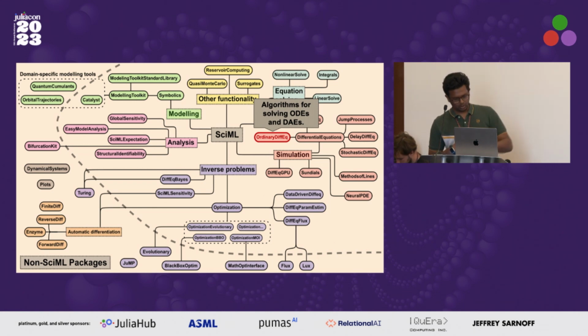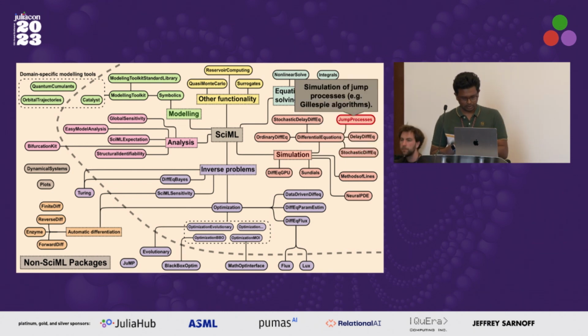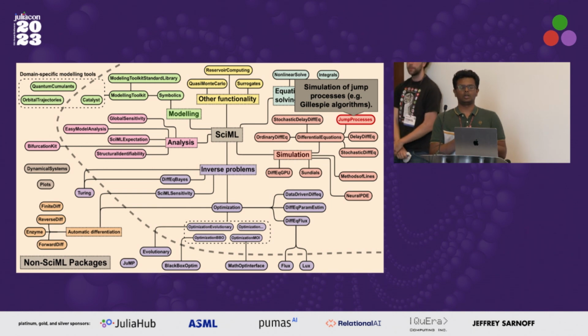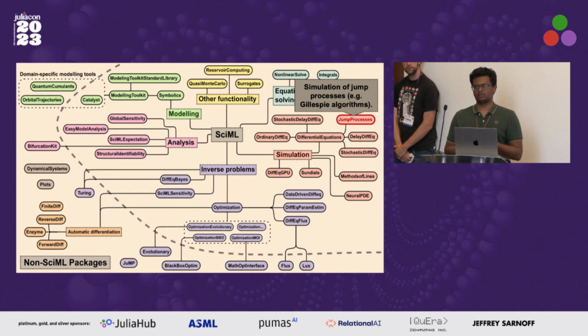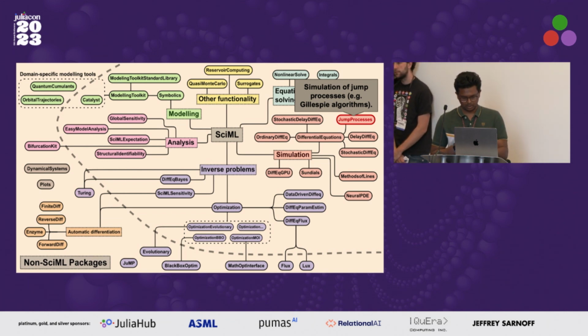Moving on, similarly, let's say you now know there's some stochasticity involved in your model, then we have different packages to simulate stochastic differential equations. And lastly, let's say you know something about discrete processes, like jump processes, which were also covered yesterday, and I think you should visit that talk, which does a lot of simulations of jump processes by Gillespie algorithms.